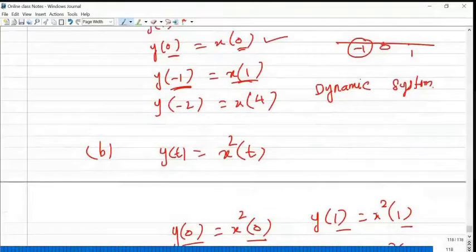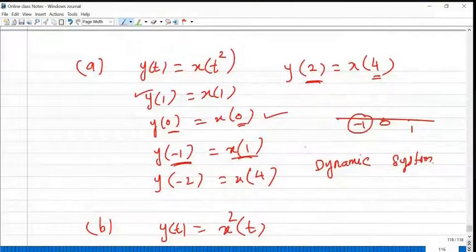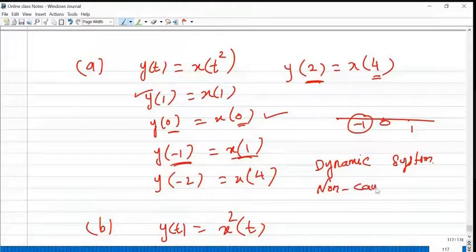Then causal, non-causal. If the output of the system depends on present input as well as past input, then it is causal. But in this example, y of 2, at t equal to 2 time instant, the output of the system depends on future input x of 4. So this is non-causal system.